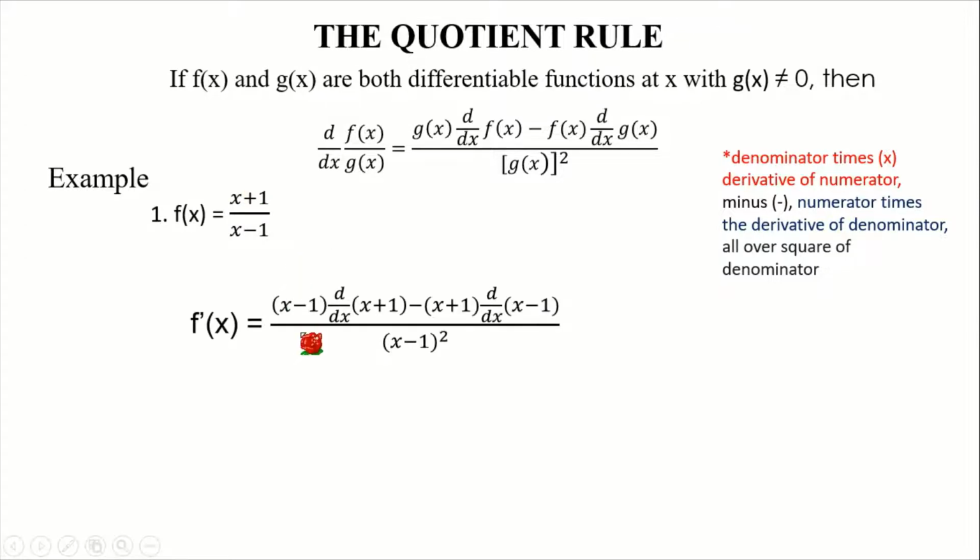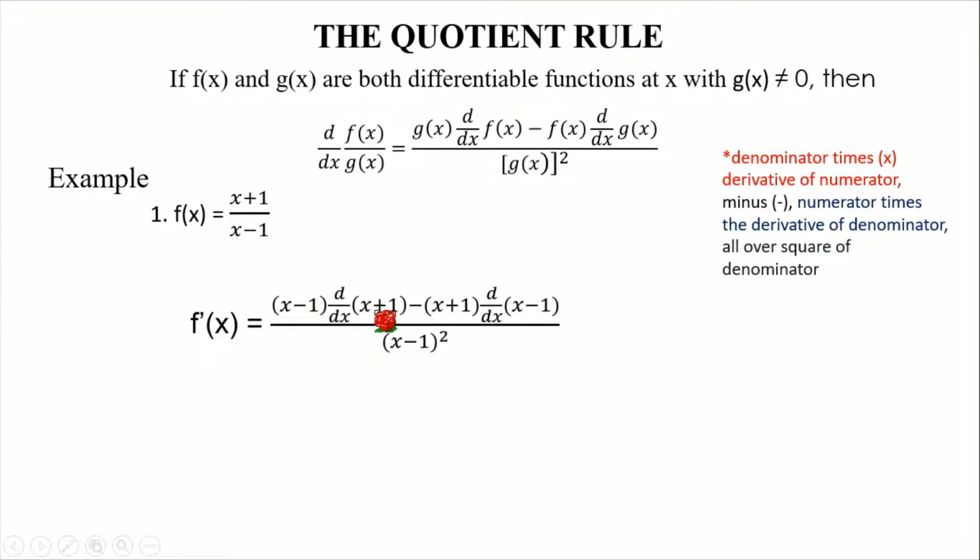Alright, so we have x minus 1 from the denominator times derivative ng ating numerator, x plus 1. Then, minus natin sa numerator na x plus 1 times the derivative ng ating denominator na x minus 1 all over the square ng ating denominator which is x minus 1.